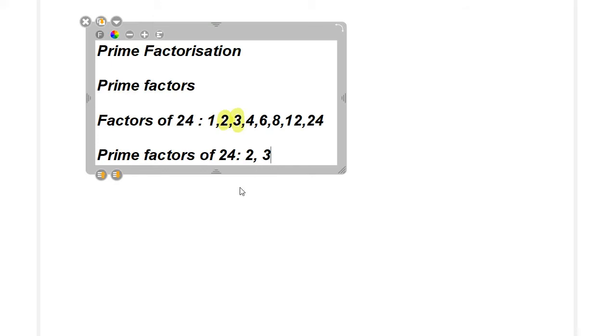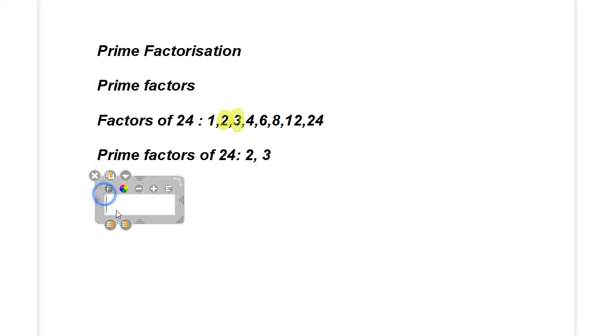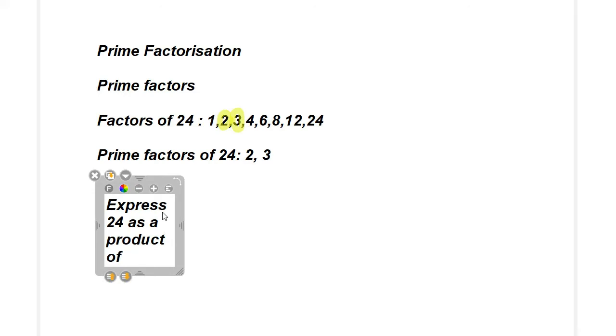Okay, let's put this into an example. The question usually will say, express 24 as a product of prime factors.